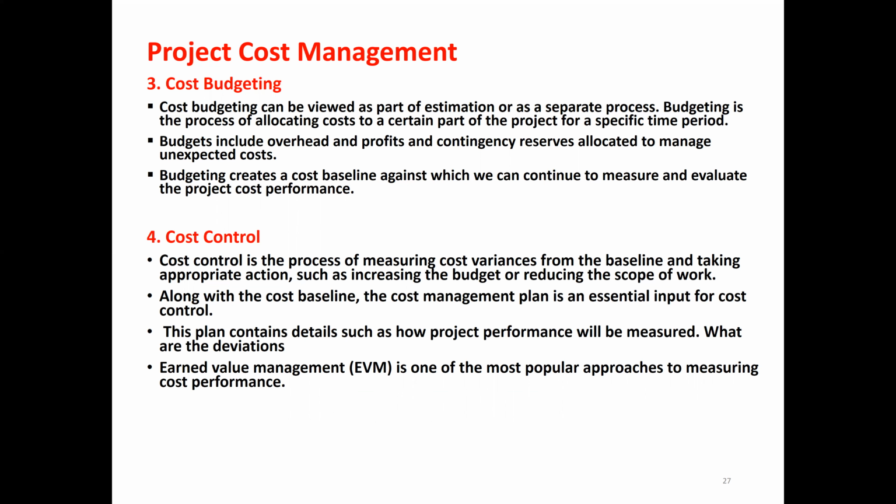This plan contains details such as how project performance will be measured and what deviations are acceptable. The earned value method is one of the most popular approaches to measure cost performance. In the second lecture, we will discuss the earned value method and how we are going to use it to control the project cost.